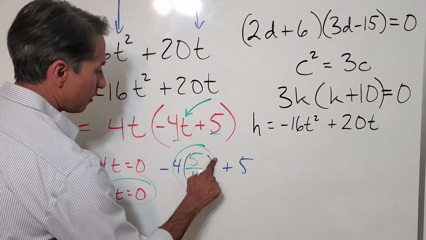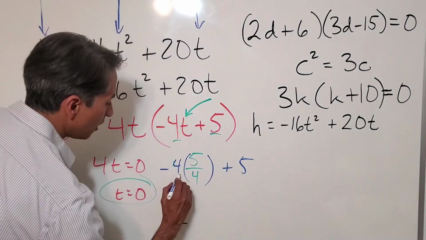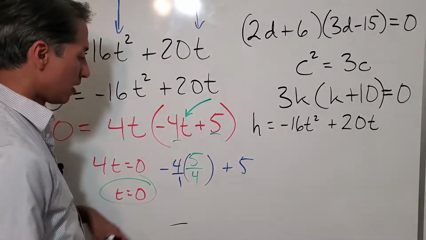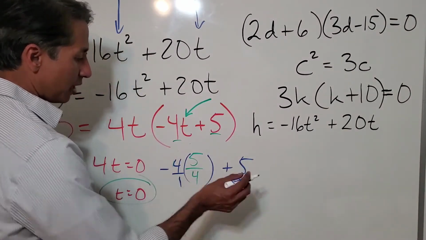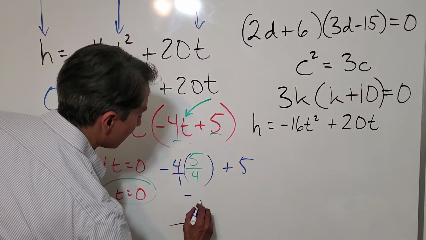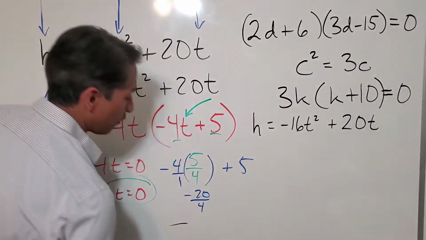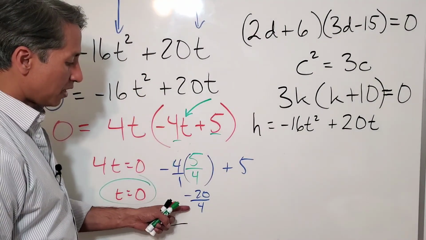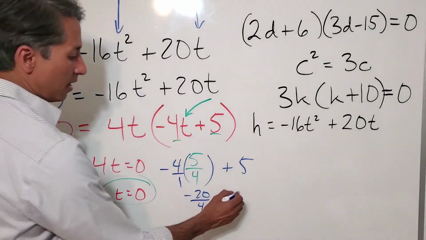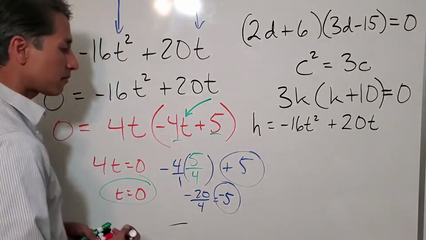All right, so now let me erase this, and let's just see what actually happens. -4 is the same thing as -4/1. If I multiply this straight across, that's how we multiply fractions: -4 times 5 is -20, and 1 times 4 is 4. -20 divided by 4 is equal to -5. -5 plus 5 equals 0.